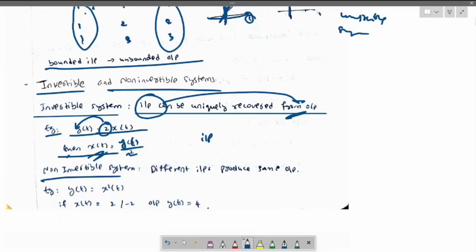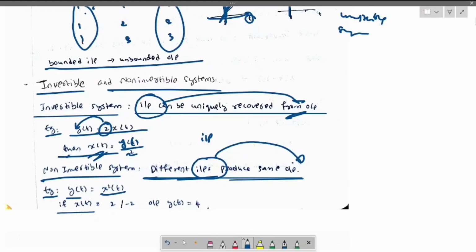When we go for non-invertible, different inputs produce the same output. Different inputs producing the same output means we can't recover the input from the output. Remember, we can't recover the input from the output. Suppose the example is y of t equals x squared of t. Then x of t will be the square root of y of t, right?